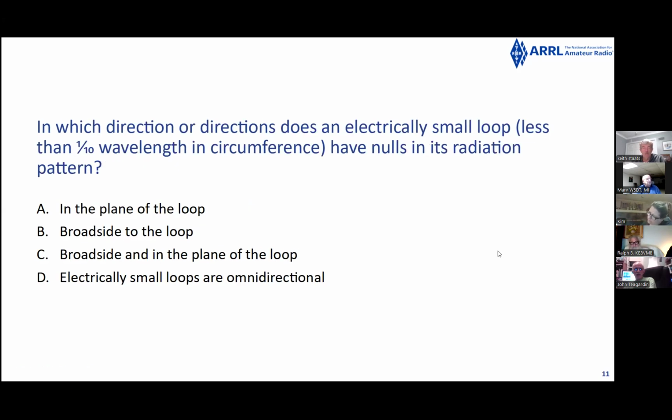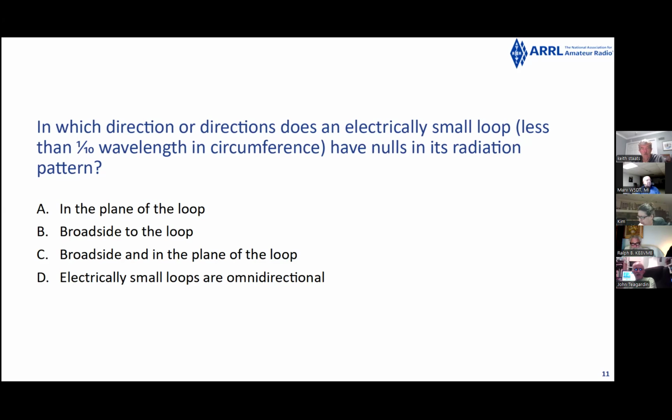In which direction or directions does an electrically small loop, less than a 10th wavelength in circumference, have nulls in its radiation pattern? In the plane of the loop, or broadside to the loop?